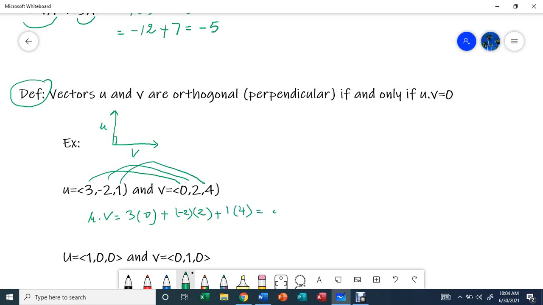We get 0 minus 4 plus 4 equals 0. Therefore, these two vectors are perpendicular to each other.